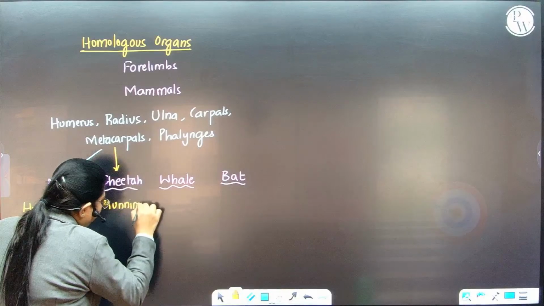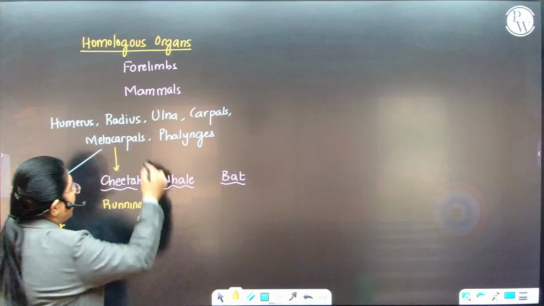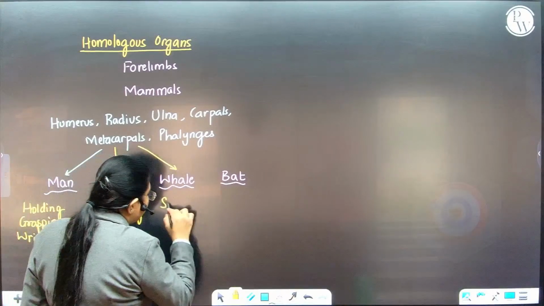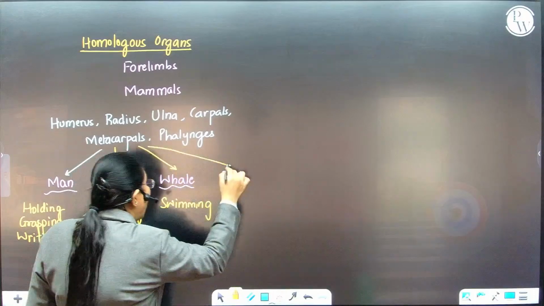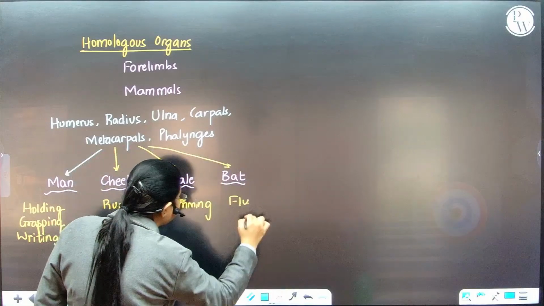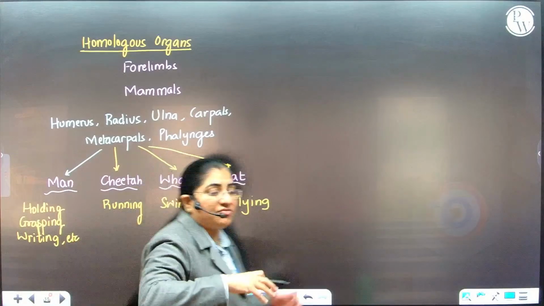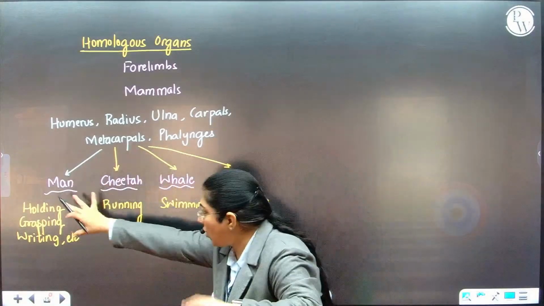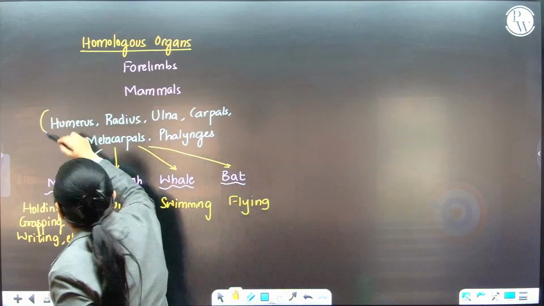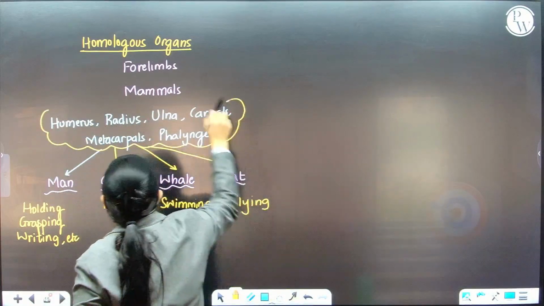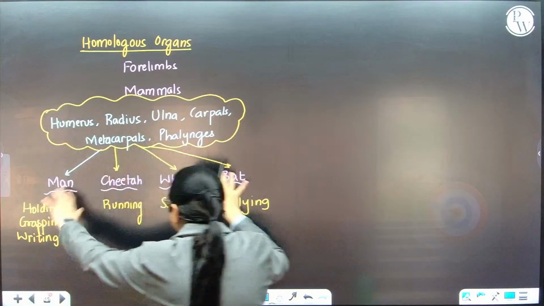They run very, very fast, isn't it? In whales, it helps them in swimming. In the bat, it helps them in flying. Now all of these are performing different functions. Though there is the same or a similar structure, the functioning is different.